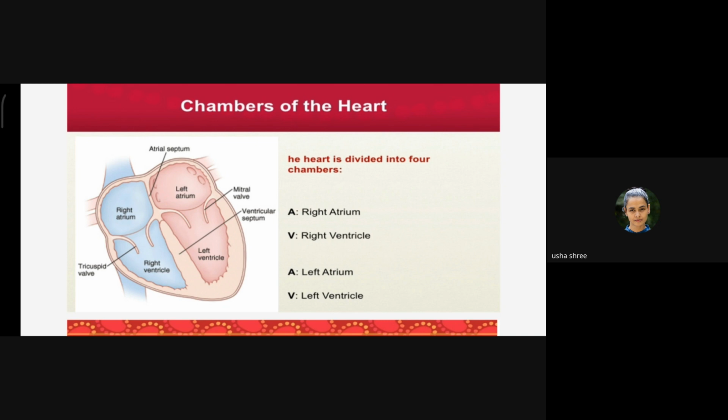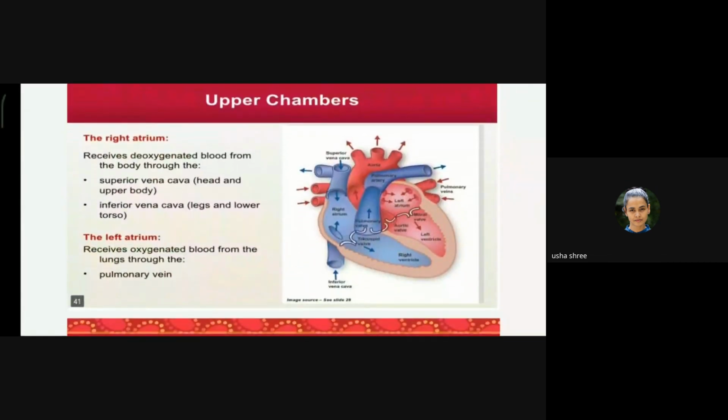And the septum is dividing between these chambers. Atrial septum is dividing atrium and ventricular septum is dividing ventricles. Now, upper chambers are known as atrium. The right atrium receives deoxygenated blood from body through superior vena cava.